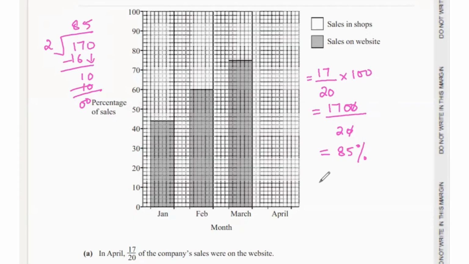Now 85% is for the website. So for shops, it's going to be 100 minus 85, which means 15% of the sales in April are from the shops. So what we do is we draw the complete bar.